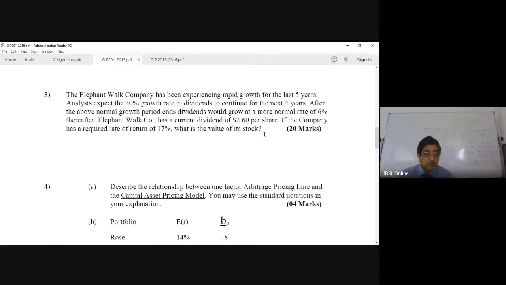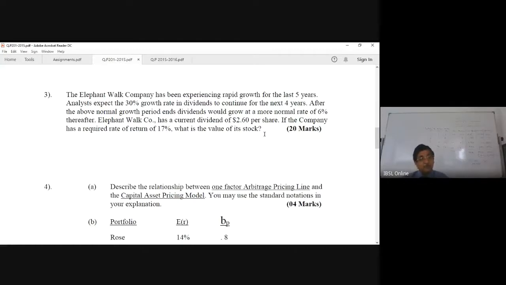Now, when you go through this sum, you might find the theory behind this. The theory is the dividend growth model. The only problem is you are not in a position to apply the one-stage dividend discount model for this. The one-stage model couldn't be used because the expected growth of the dividends is 30%, whereas the required rate of return is 17%.